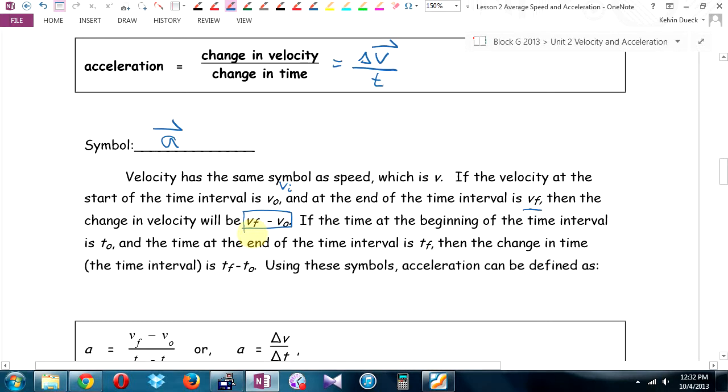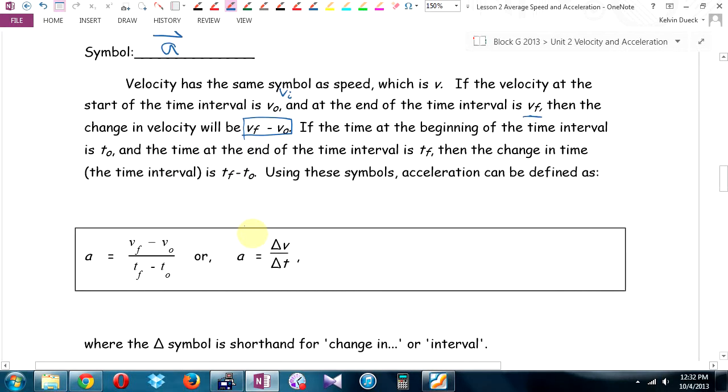Which gives us this equation here. Acceleration, that's change in velocity over change in time. I think this was the one that you were given in Science 10 last year. I always write it like this.